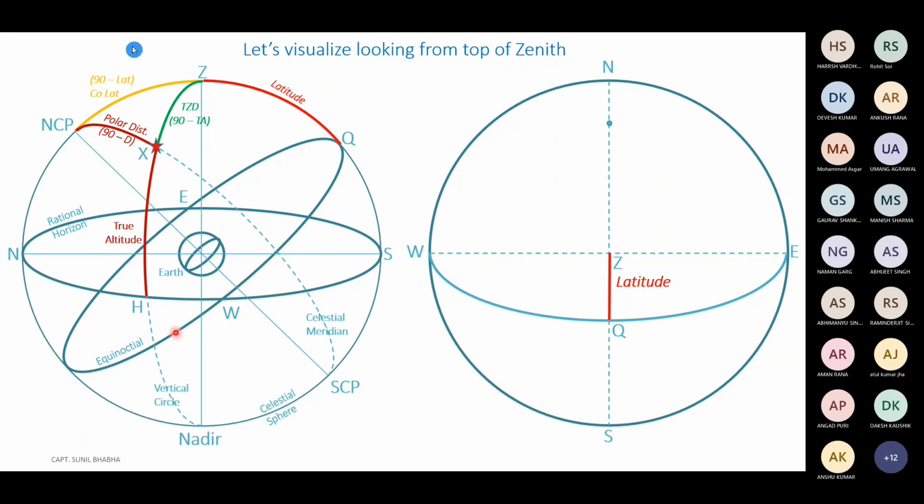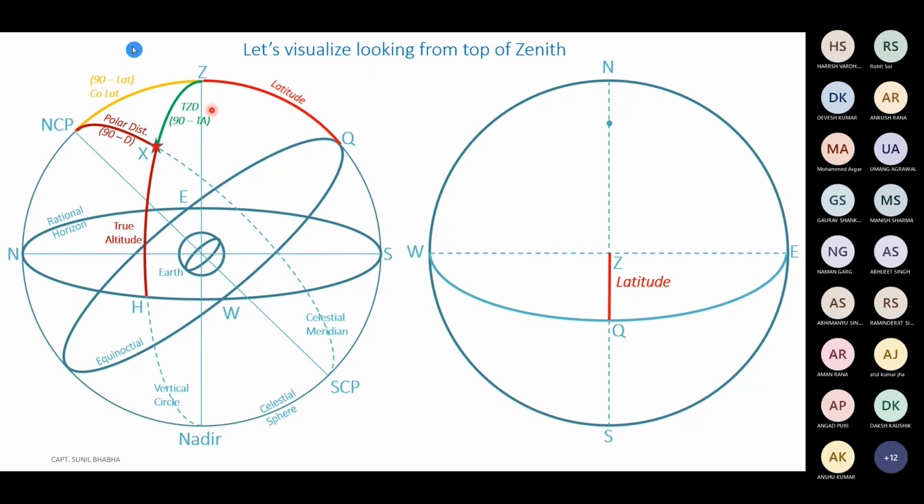If you go beyond W on this side, or beyond E on this side, this is going to fall in the far side of the celestial sphere, which will not be visible to us. So that's why you only see half of the equinoctial, which is visible to you as WQE in our rational horizon diagram.